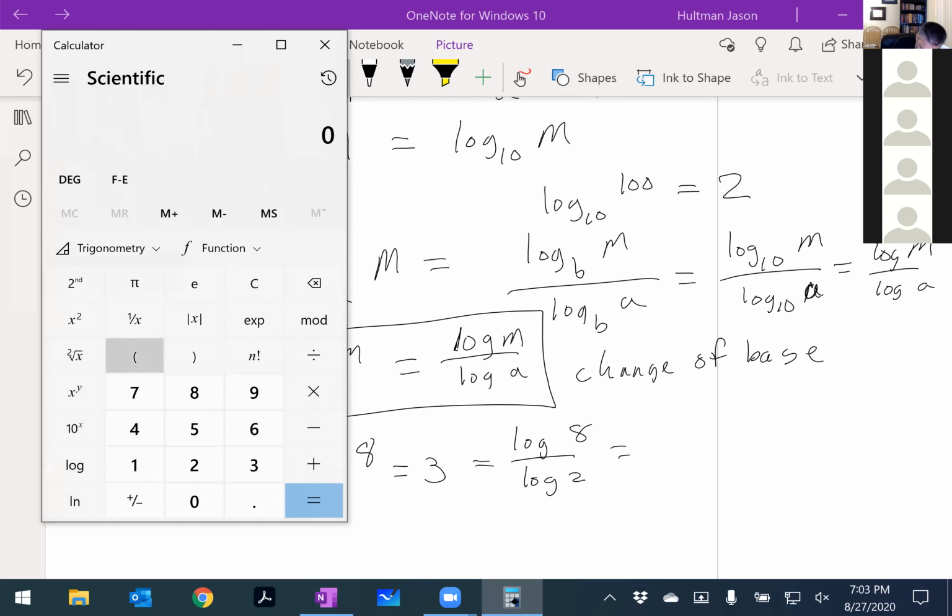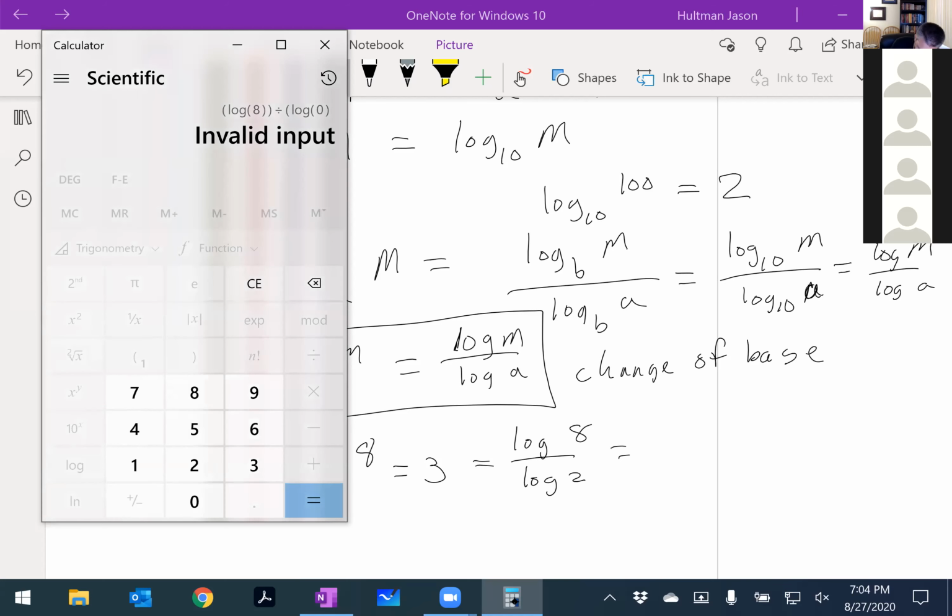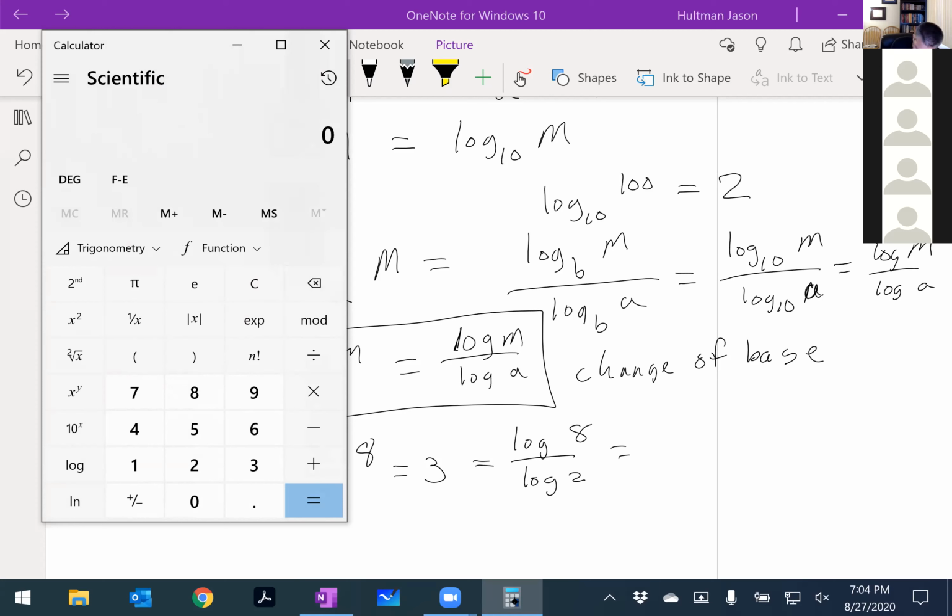It's because it's got reverse notation, which is really weird. Divided by... no, I didn't want that. I think I know what's going on here. 8 log divided by 2 log.